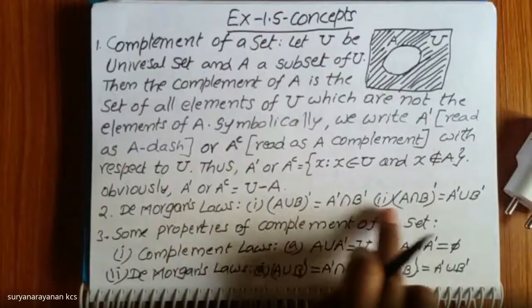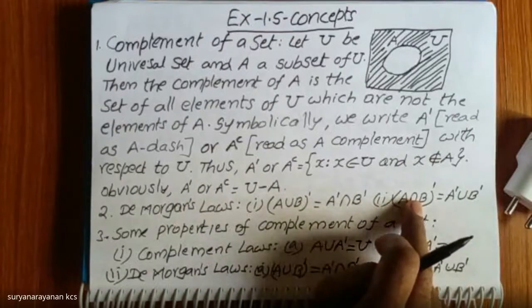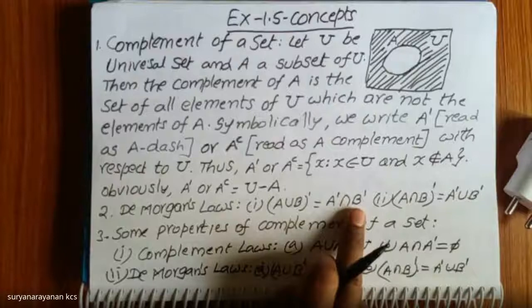Yes, sir. Once read these two De Morgan laws. A union B whole dash is equal to A dash intersection B dash. Just wait, ma. All of you listen carefully, my dear children. Don't make mistakes. Listen carefully.